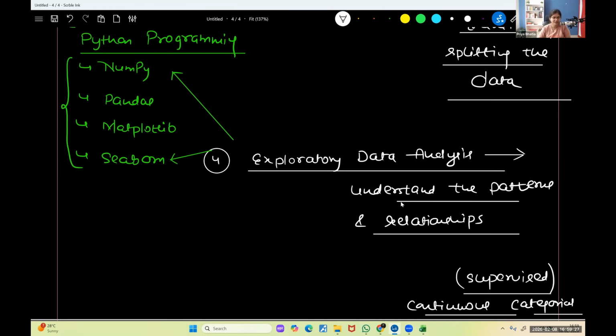You will try to see if there are any missing values available, and how you can handle them. You will try to understand the distribution of the given data points that we covered in yesterday's discussion, right? So whatever visuals you have seen in the last class, all of those visuals you will use in this EDA step, which will help you to understand the pattern of the given data.